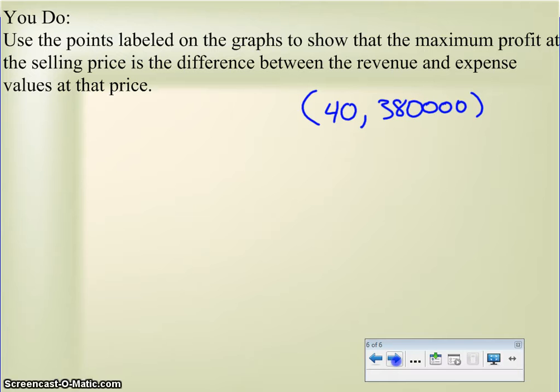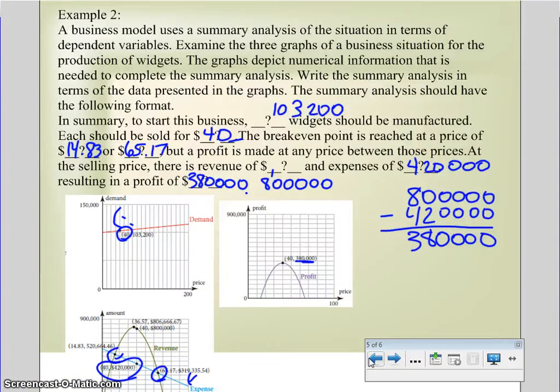The selling price is $40, and the 420,000 is the expense. And we get the 420,000 from our expense curve here. We've got 800,000 here for the revenue, and then our expense is 420,000.